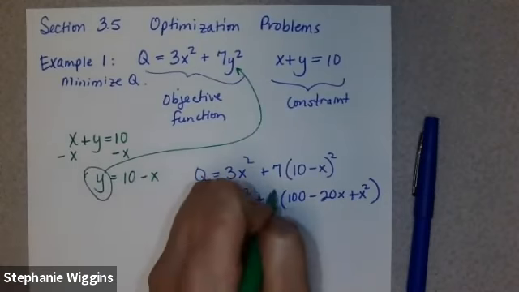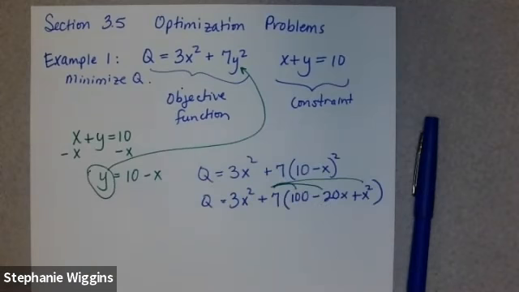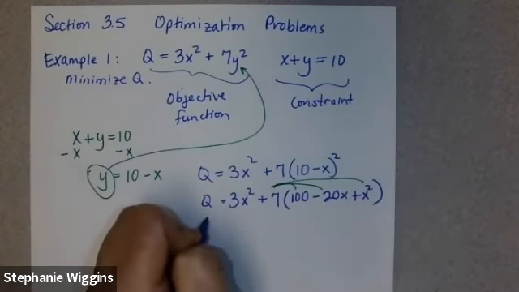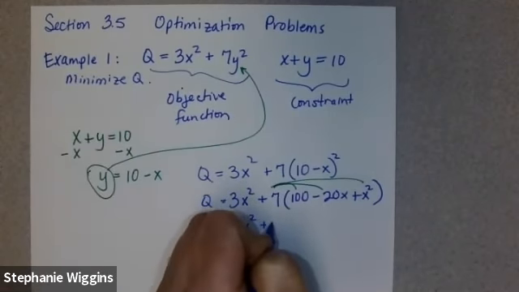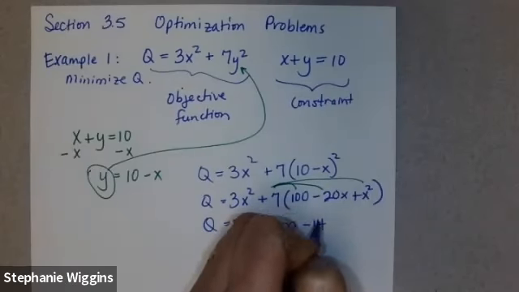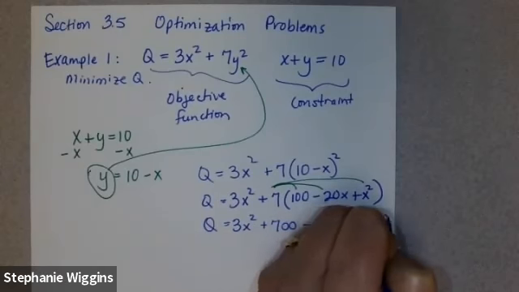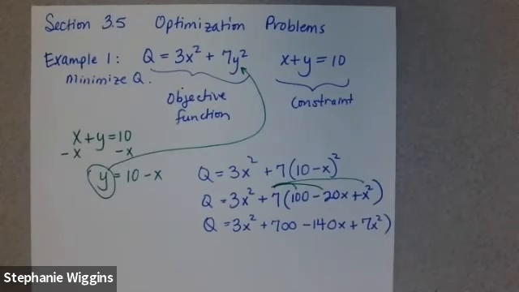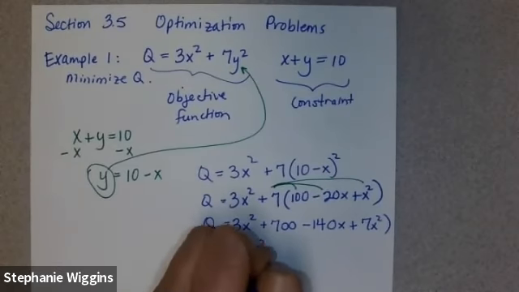And then I'm going to distribute the 7 through now. So I get 3x squared plus 700 minus 140x plus 7x squared. And now I can combine like terms. We have 3x squared and 7x squared, so that gives me 10x squared.